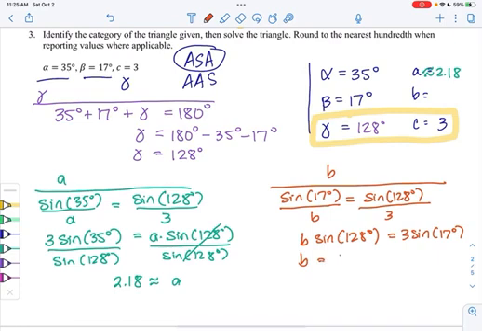And so B equals 3 times sine of 17 degrees all over sine of 128 degrees.